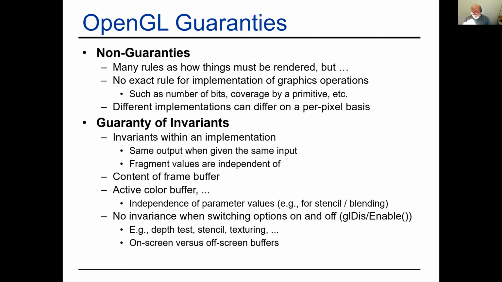For example, how many bits are being used for representing the depth value, or exactly how depth is being encoded and quantized. That is typically not something that you can set exactly. You can say how many bits you want to be represented in the frame buffer, but still the GPU is free to choose exactly how it uses those bits.